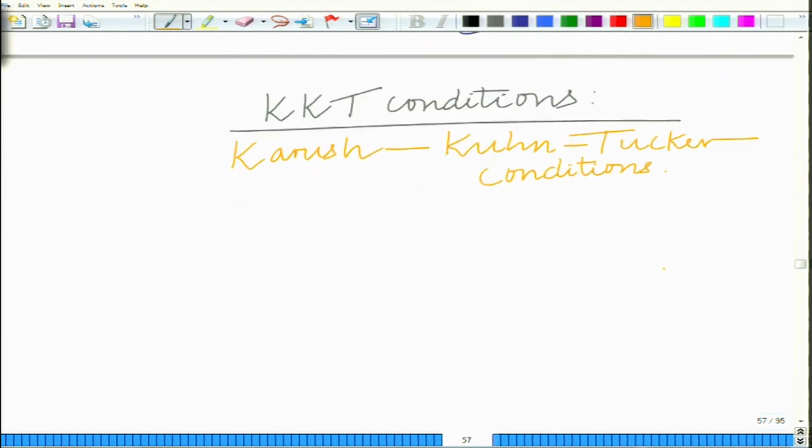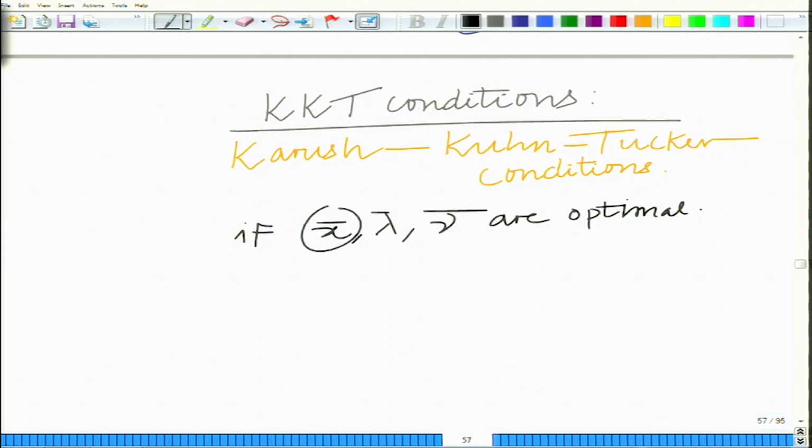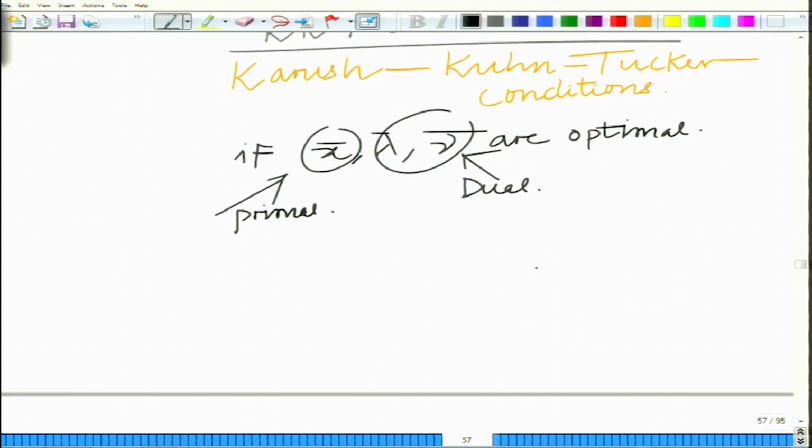And the KKT conditions are basically, if x bar, lambda bar, nu bar are optimal, that is x bar obviously for the primal problem, and lambda bar, nu bar for the dual, and strong duality holds.